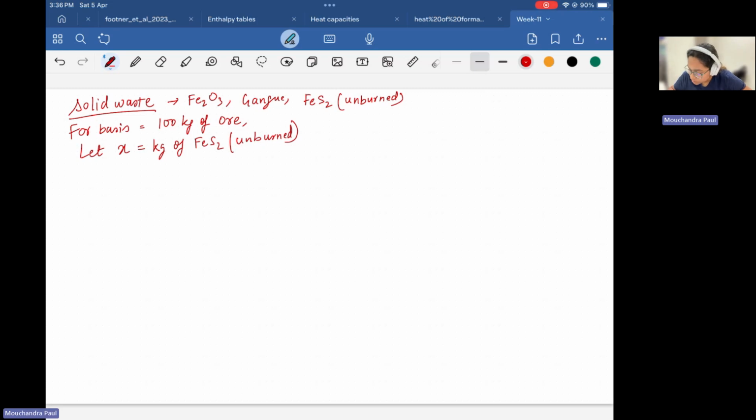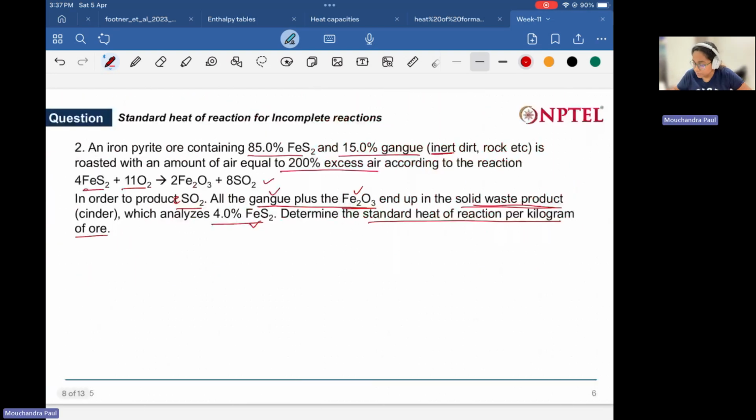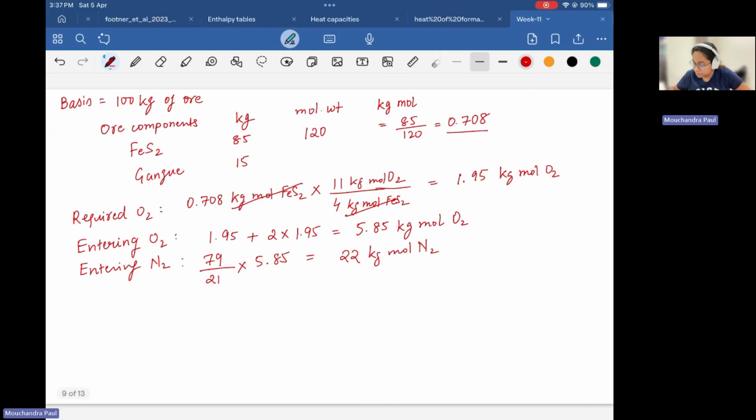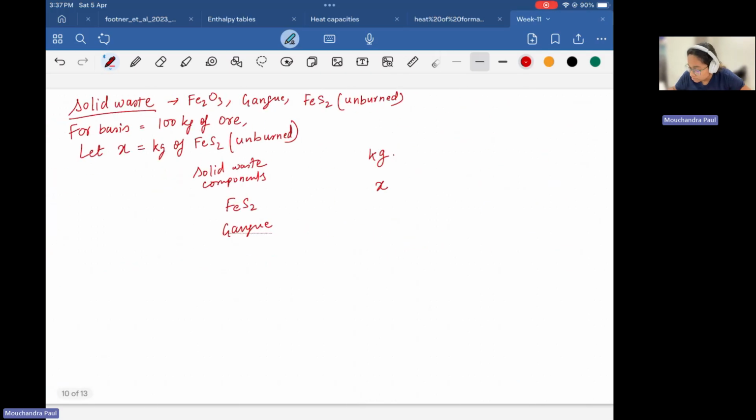Okay, this means the FeS2 in kgs, if we write the solid waste components in kgs: first is FeS2, which is X. Gangue is inert. 15 kg was entering in the ore, so in the waste also it will stay 15 kg.